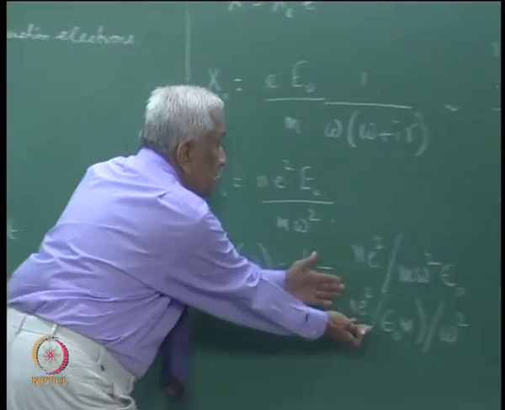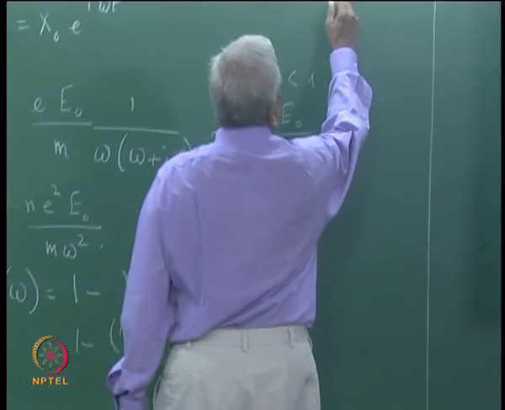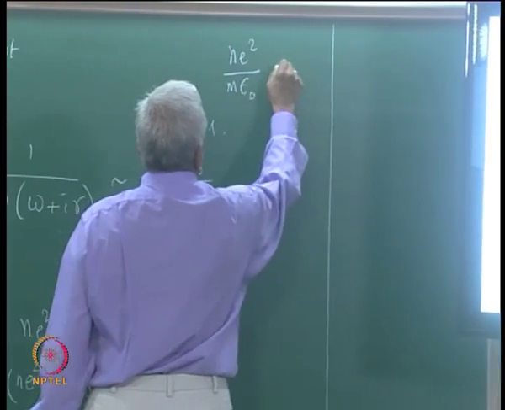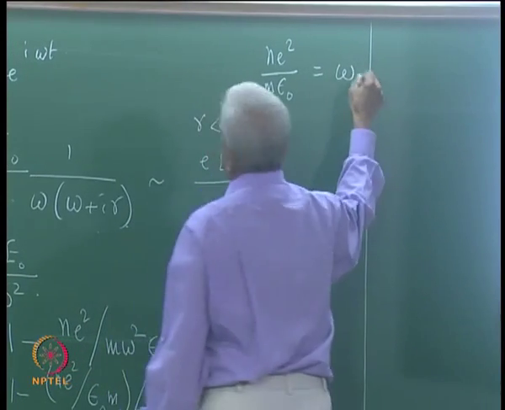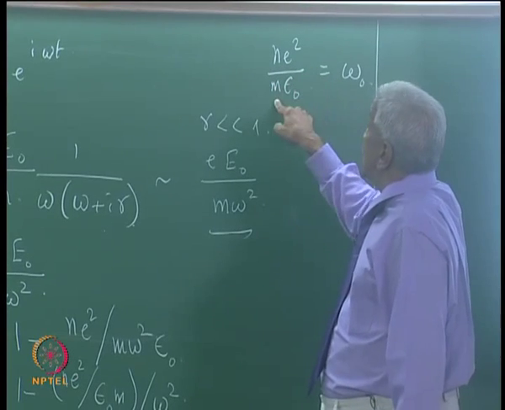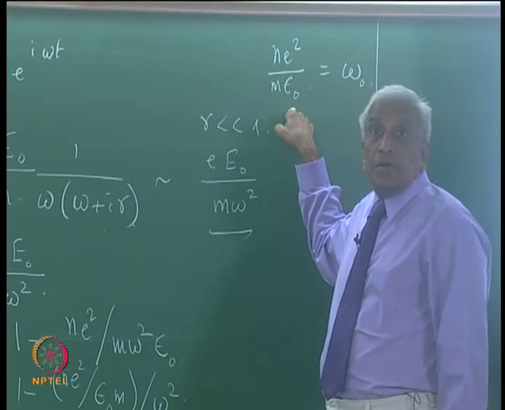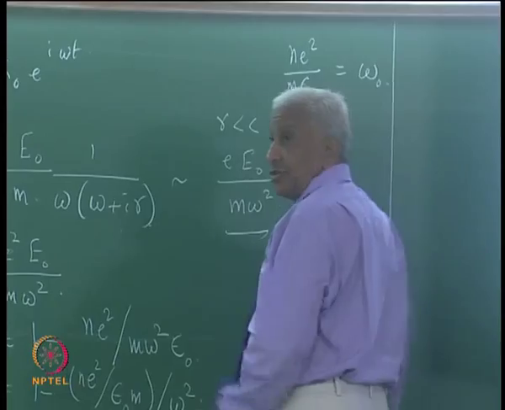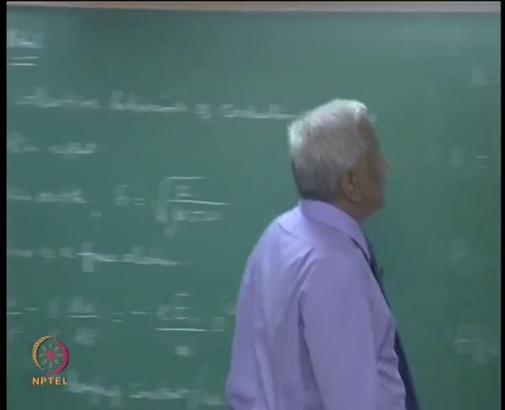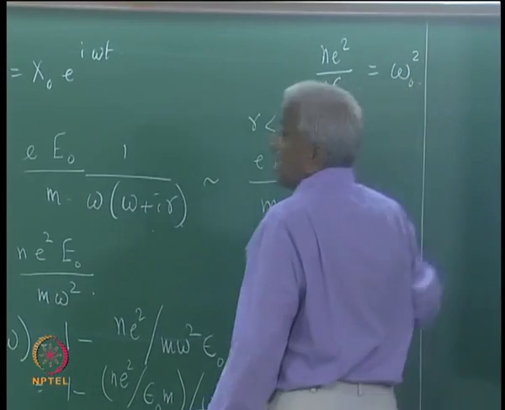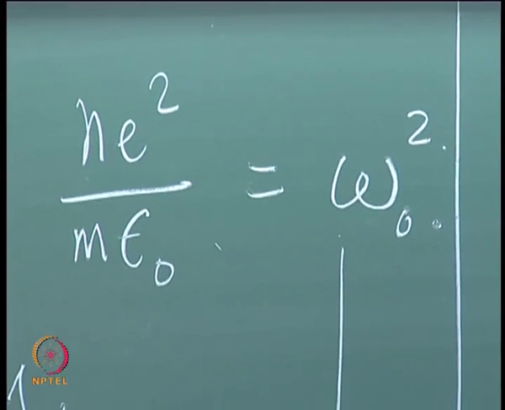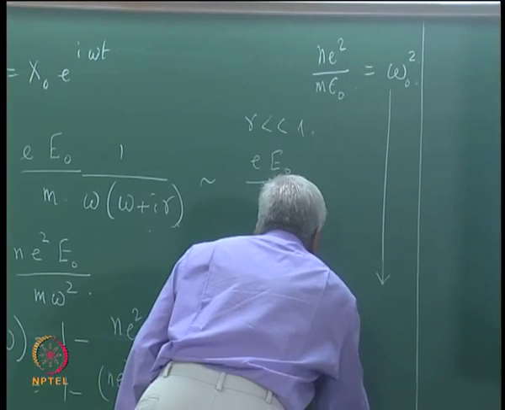So, let n e square by m epsilon naught be called omega naught square. This is a term which has the concentration of the electrons, the electronic charge, the mass, and the permittivity of free space. So, this is a constant which is characteristic of the metal, and omega naught is known as the plasma frequency.